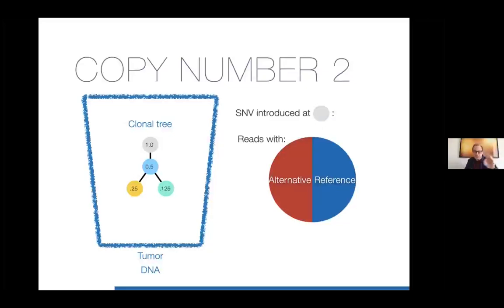So if I now reach into this urn and I pick up a piece of DNA covering a certain SNV, then half of the chromosomes carry the mutation. So we expect to see half of the reads having the reference, that is the same as the healthy genome, and half having the alternative, which is the mutation.